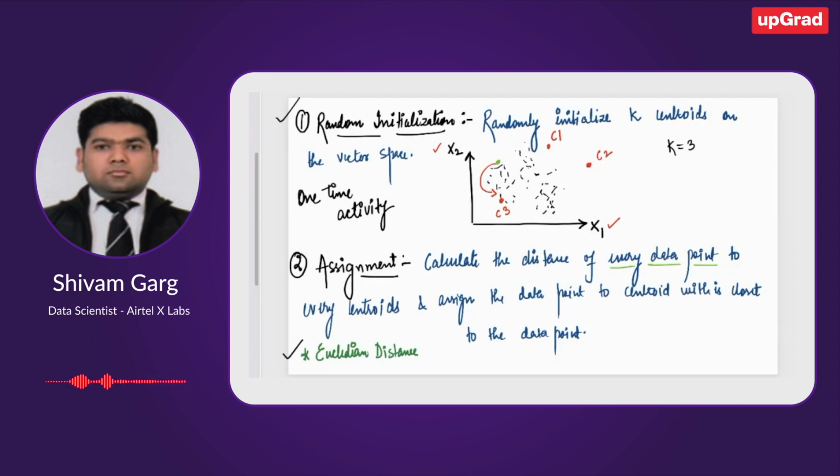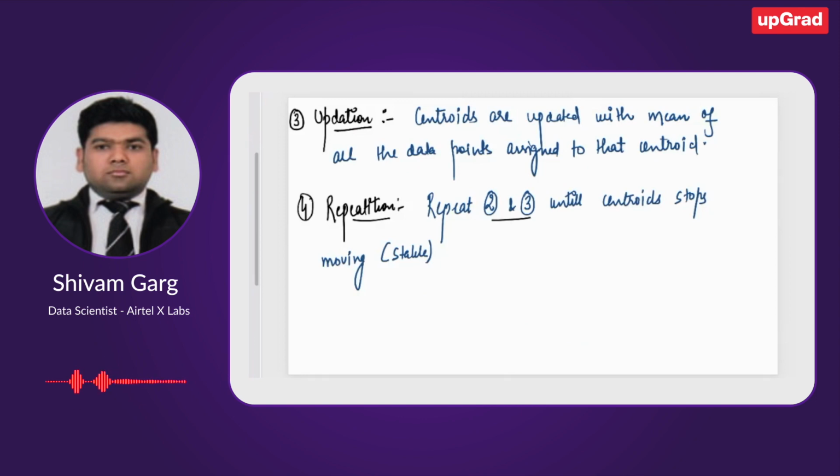Now, the updation step. So first of all, random initialization, then assignment. Third is the updation. So updation means, for example, let's say we are having 5 data points, just for simplicity. And let's say you are having 2 clusters, correct?